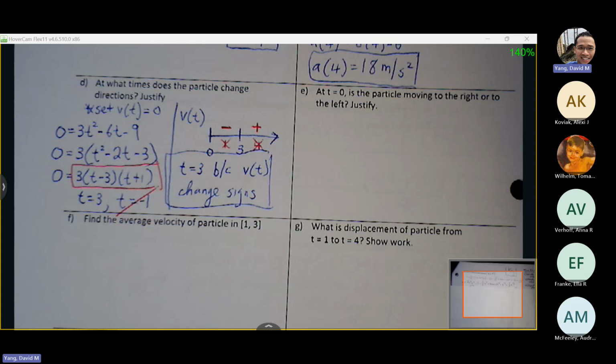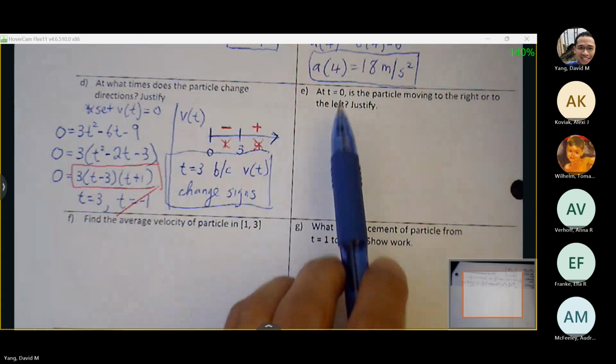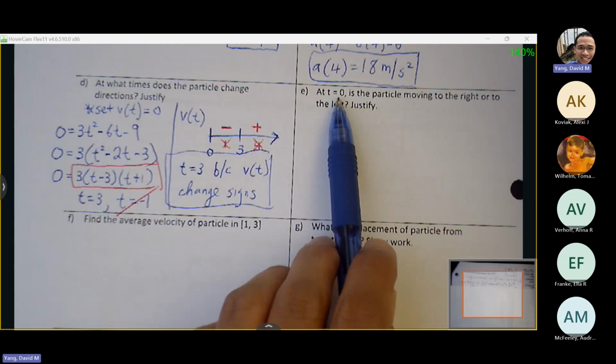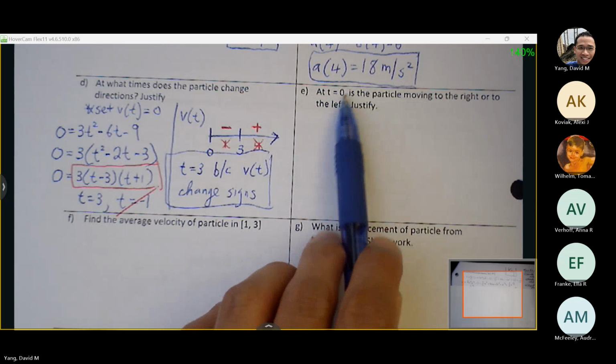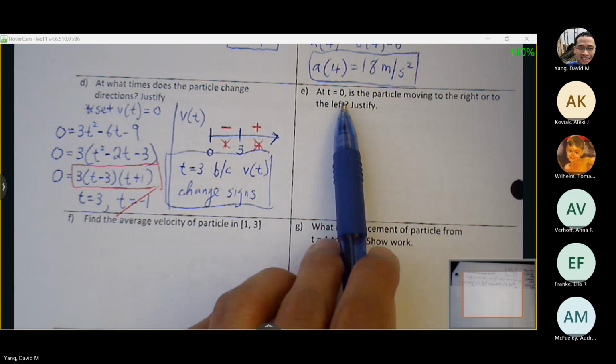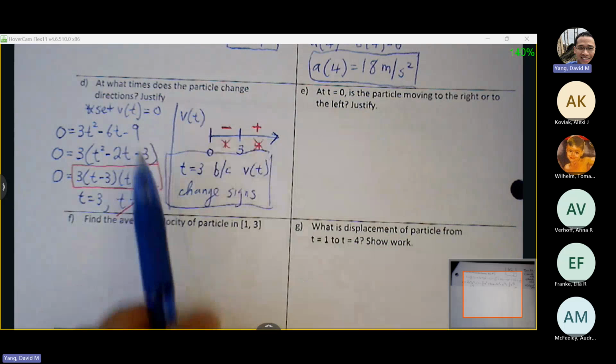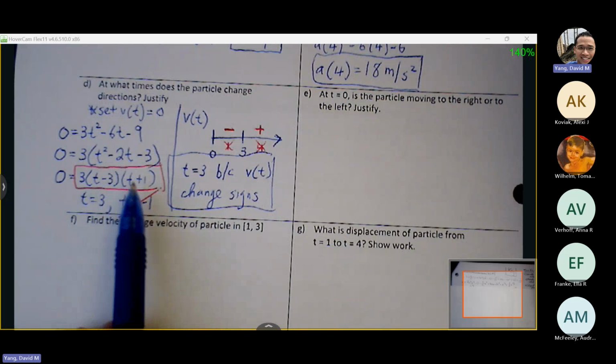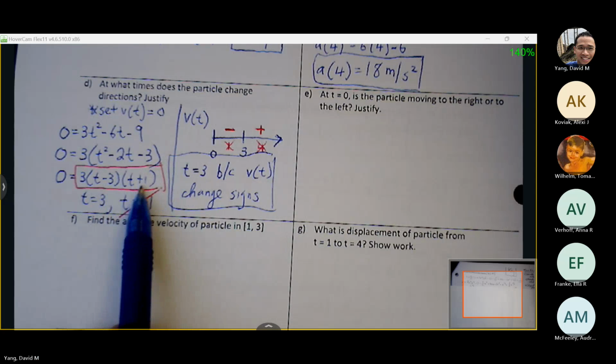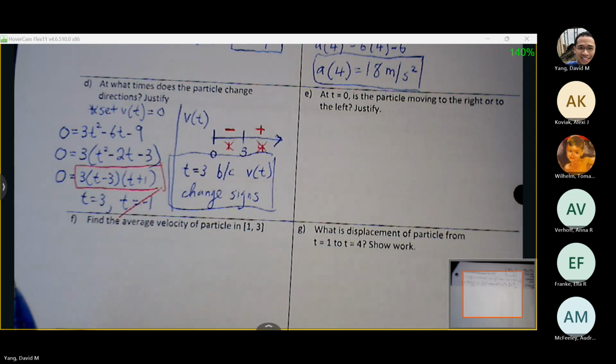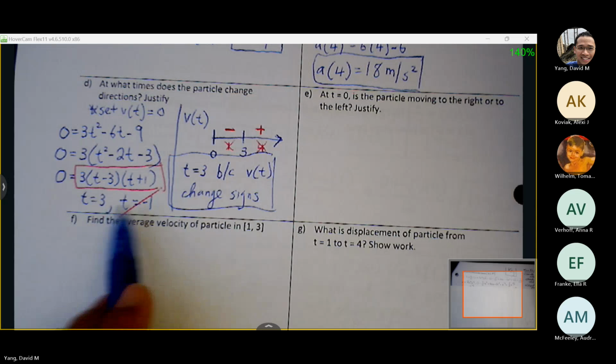Part E, at t equals 0, is the particle moving to the right or to the left? So what can we do? Plug 0 into velocity. If I plug 0 into velocity, 0 minus 3, 0 plus 1, I get a negative.